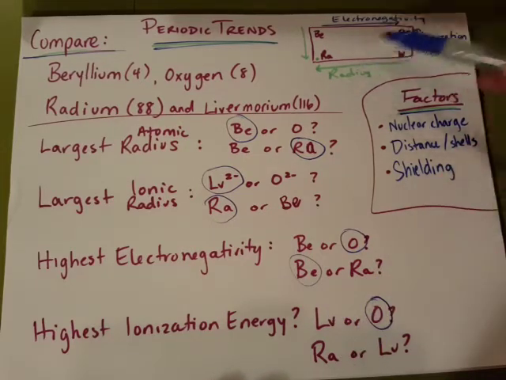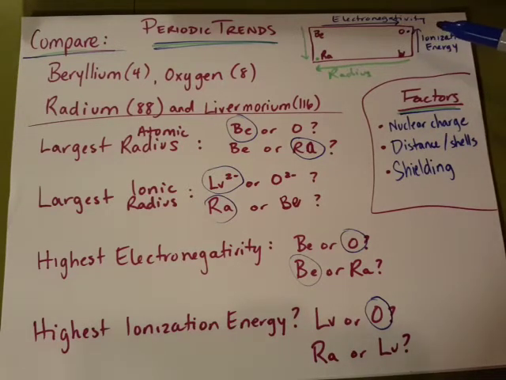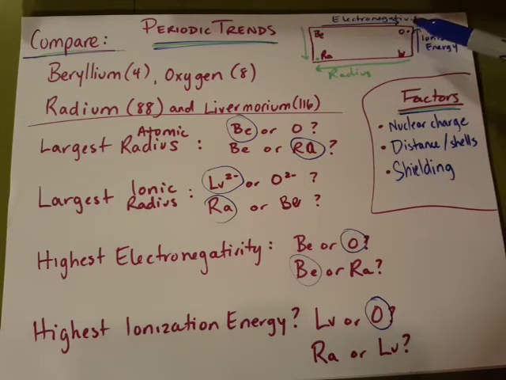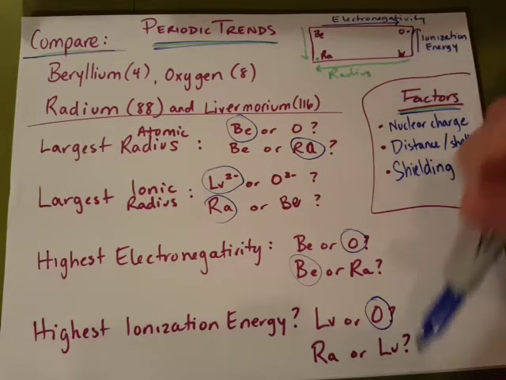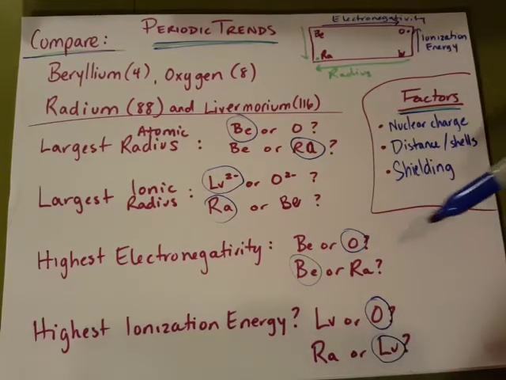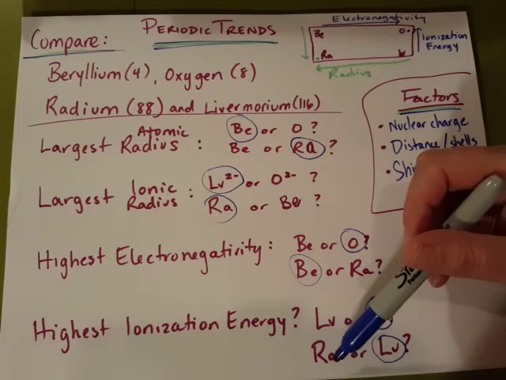Between radium and livermorium, comparison of the ionization energies. If we go across a period, the element with the highest is going to be more to the right side. So the highest ionization energy is actually going to be livermorium, as opposed to radium.